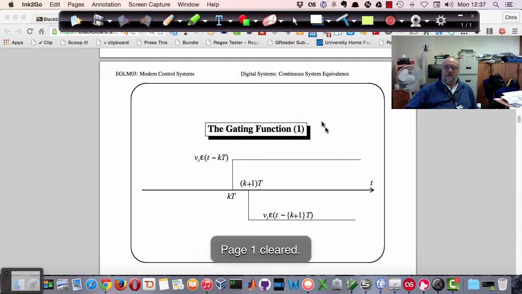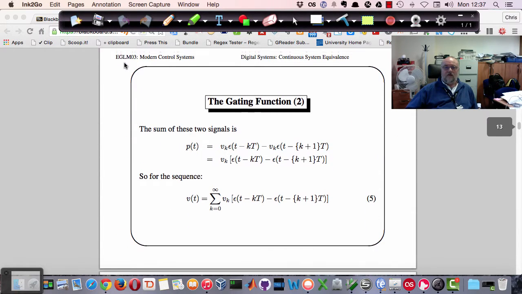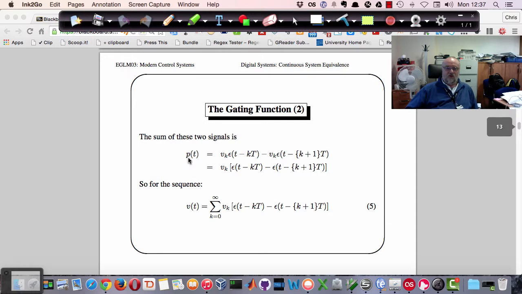So if we write that down in this form, p of t, that's the pulse function, is equal to this equation, which we can simplify by taking v k out of the brackets. It appears in both terms, so v k times [epsilon of (t minus kT) minus epsilon of (t minus (k plus 1)T)], where epsilon is a unit step function.